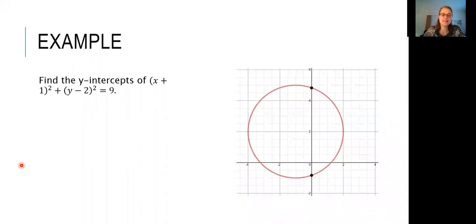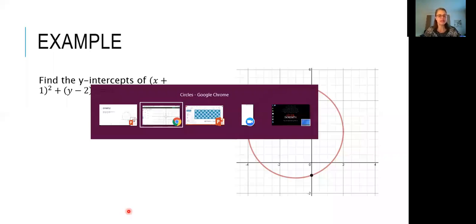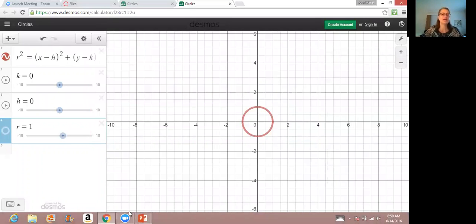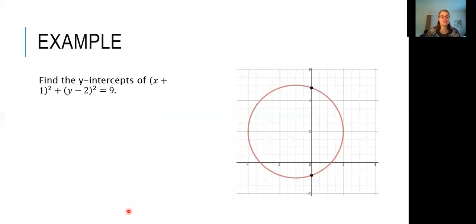All right, so let's try another one. I have a circle. We recognize a circle. The circle is centered at the point, well, that's kind of ugly. So that says x plus 1 squared plus y minus 2 squared equals 9. So where's the center of this circle? Let's go out to Desmos and take a look. Remember the standard form for the circle.